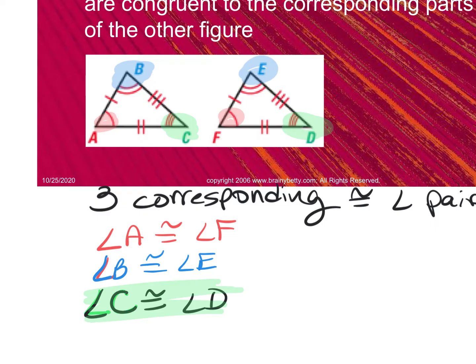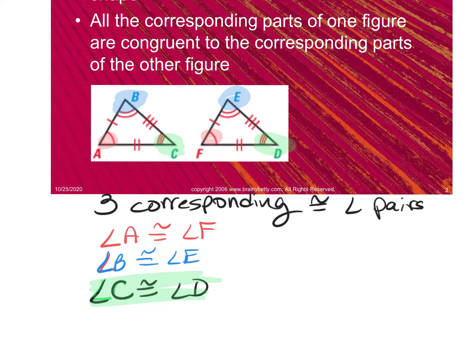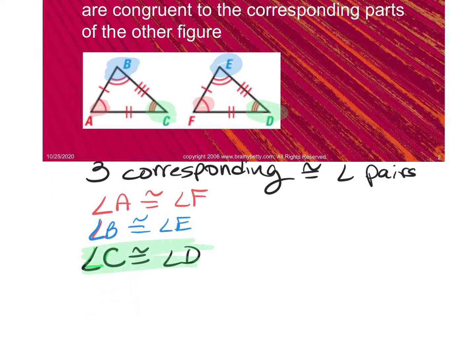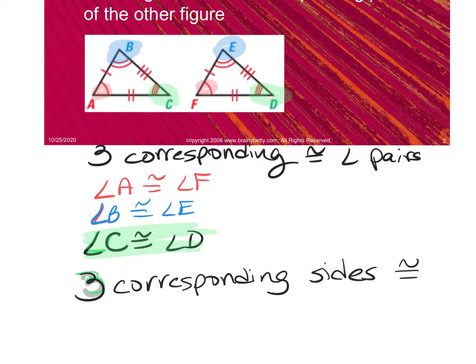Now I also need to look for the three corresponding side lengths. And again, I'm looking at the congruency marks. So far I've matched the three angles. Now I'm going to look for three corresponding side lengths. So three corresponding sides that are congruent.